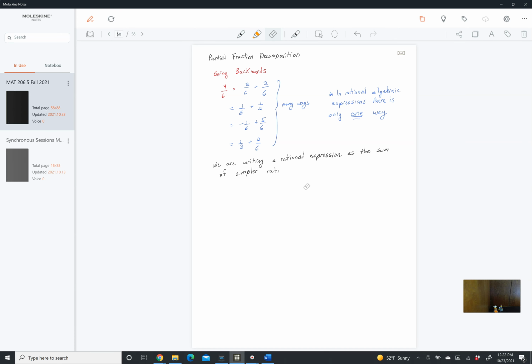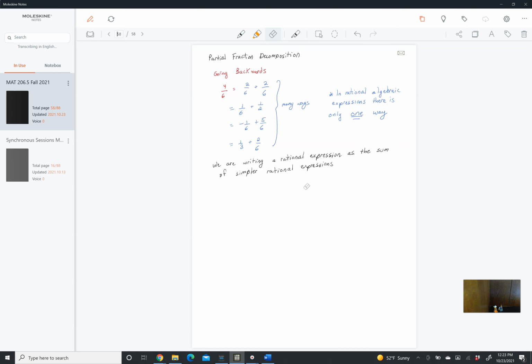And again, there's only one sum for every rational expression that we have. So we're going to start by looking at this with proper fractions, okay? And that's because it's not that it's really more complicated with improper fractions. It's just that it creates an extra step, okay?